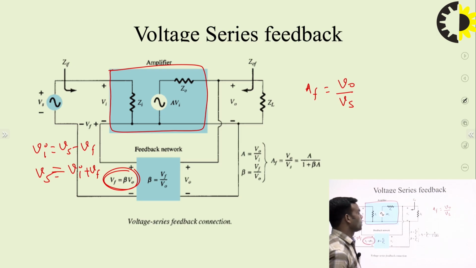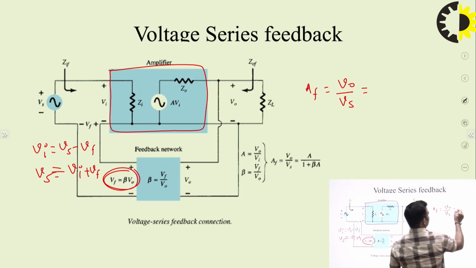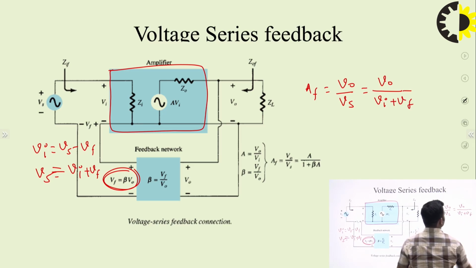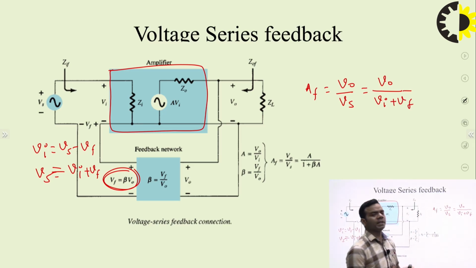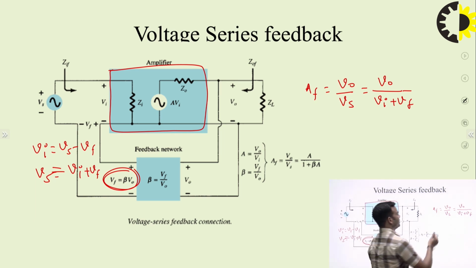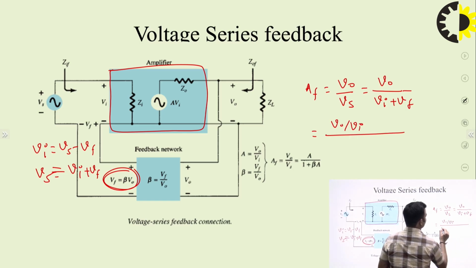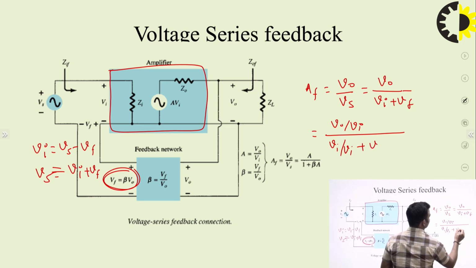So you can write it as V0 upon Vi plus Vf. Now divide both numerator and denominator by Vi. Then you will get V0 upon Vi, upon 1 plus Vf upon Vi.